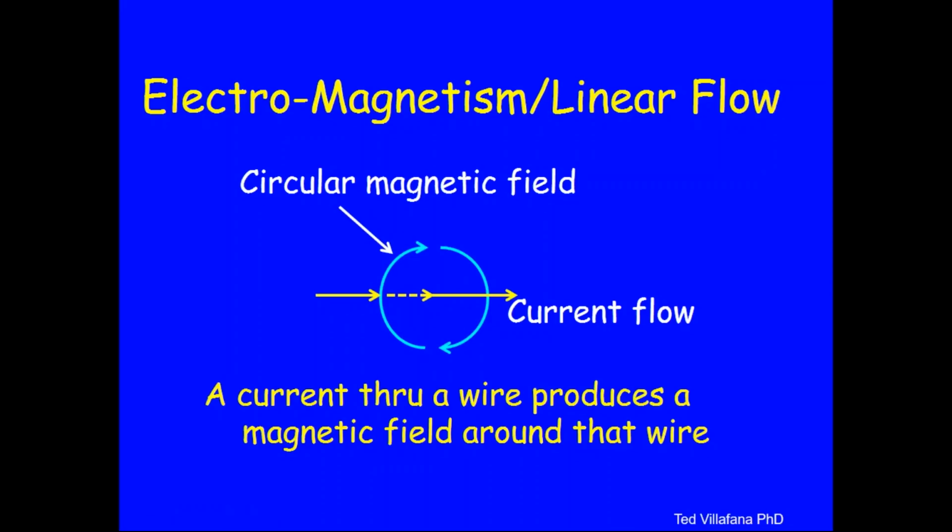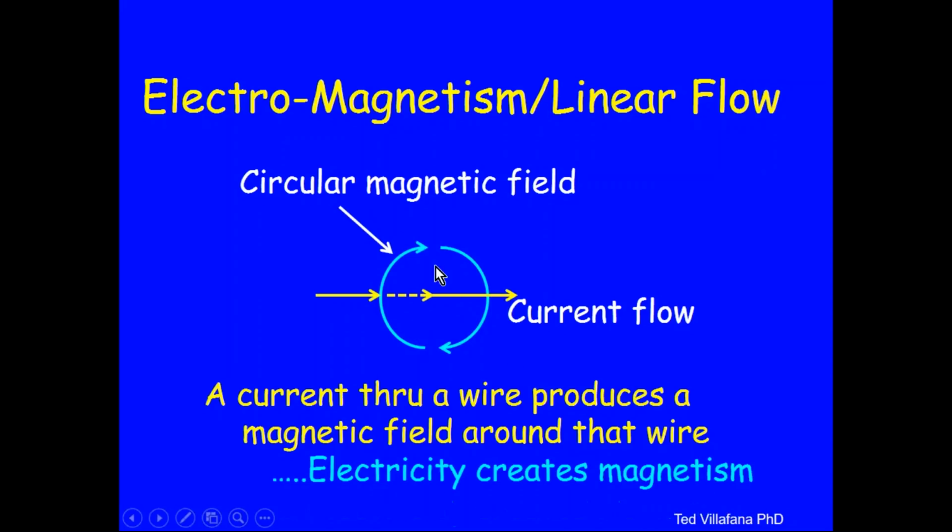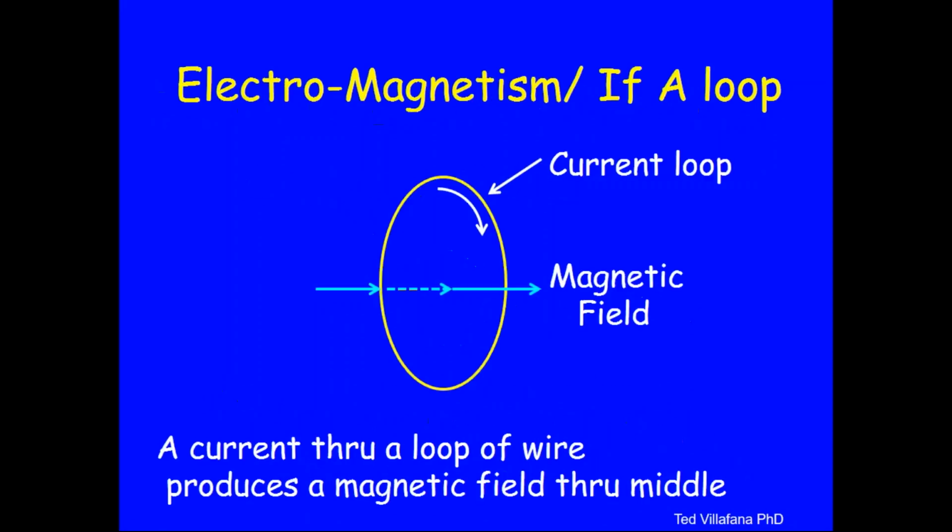Okay, and if you have a linear flow of electrons, of current flow, then you'll have a circular magnetic field. But the concept is electricity creates magnetism. Hey, if you ever wondered how you got that big magnetic field in an MRI unit, this is telling you, pass a current and get a magnetic field. This is where we're going. I'll illustrate that as we go along.